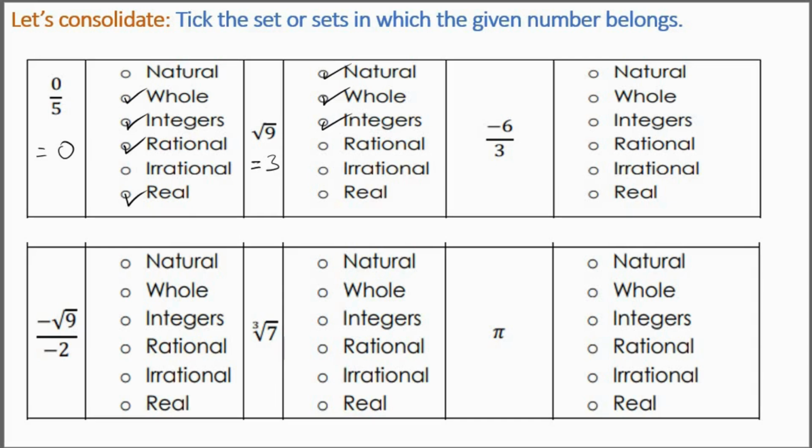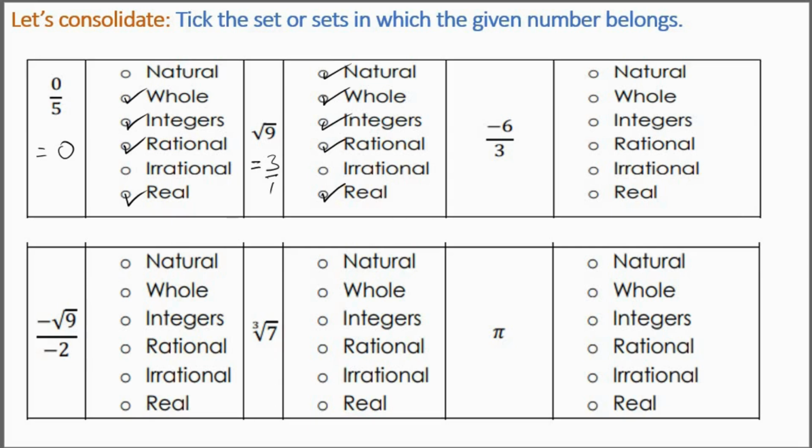Yes, it's a positive integer. Is it a rational number? Yes, because we can say it is 3 over 1, which becomes a fraction. So it's a rational number, but it's not an irrational number. Now it belongs to the overall group of real numbers.